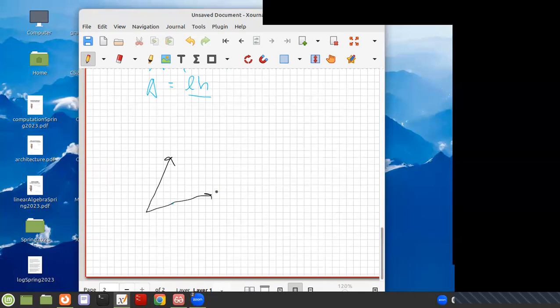So that will show this more clearly. Let's say this is V1 and this is V2. This has some area, which is this length, L, times this height here, H. So we know that this is just L times H, because it's the base times the height.